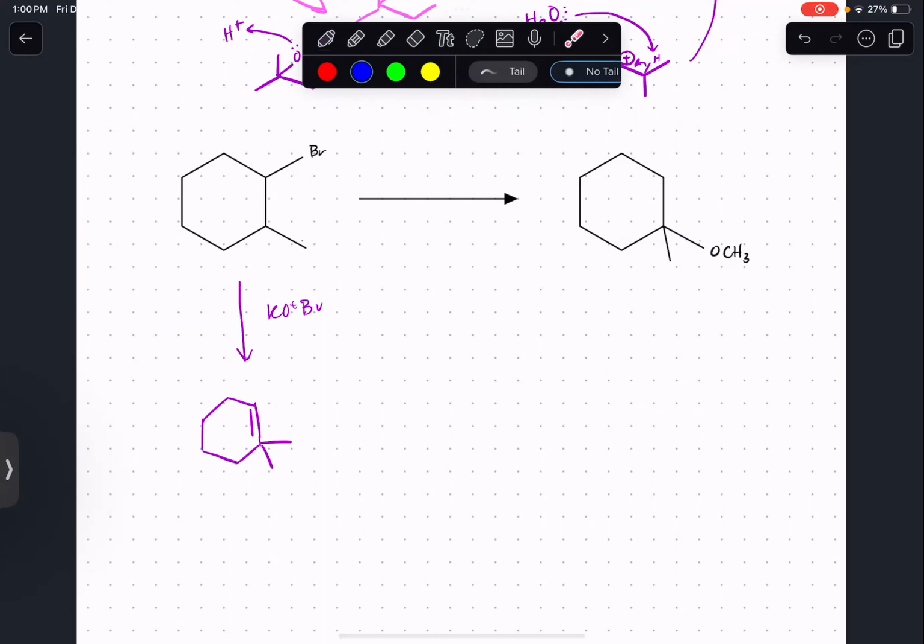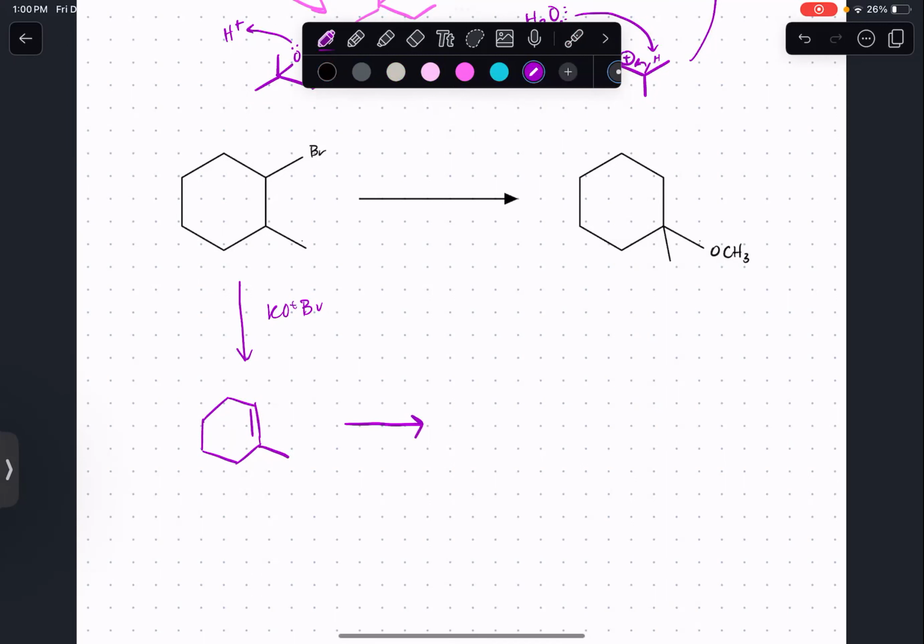The only way that I can add stuff is if I start with a double bond. So that's what I'm going to do first, is make a double bond. So we're using potassium tert-butoxide to do an E2 reaction. I'm going to form a double bond in between these carbons here.